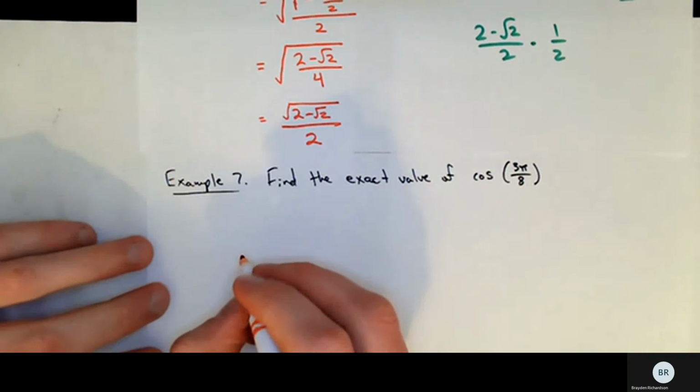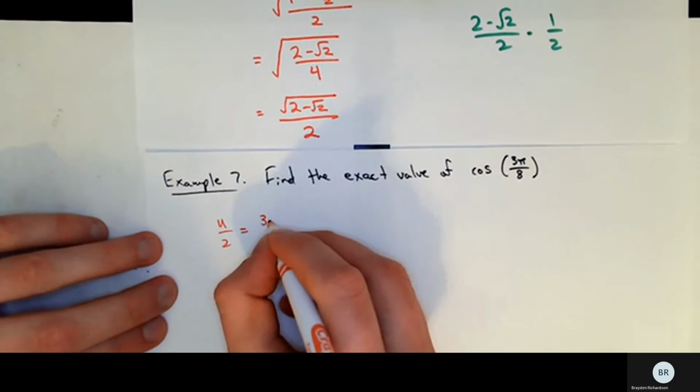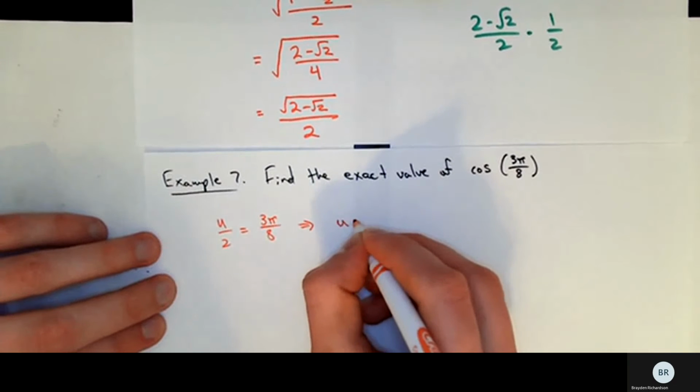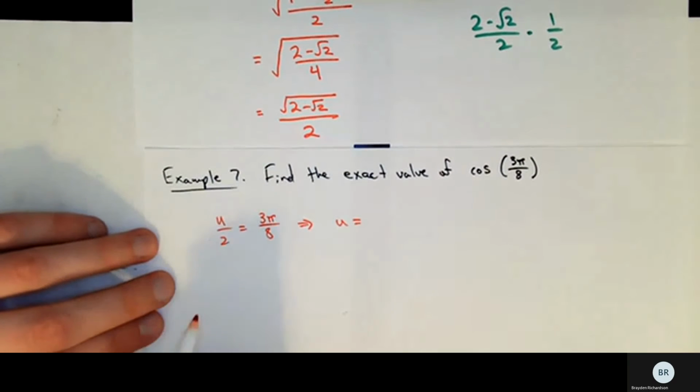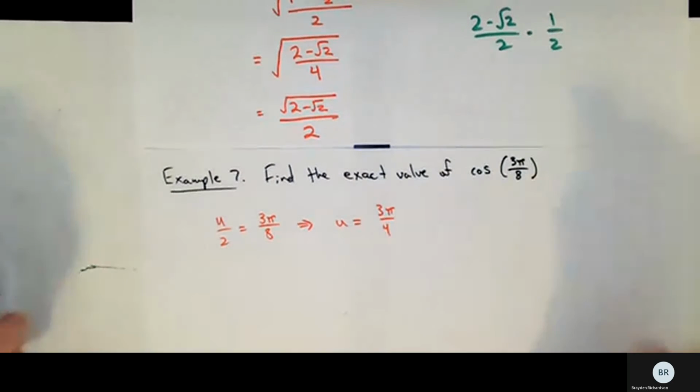Well, I know that u over 2 is equal to 3 pi over 8. So that means that u must be, if I multiply by 2 on both sides, 3 pi on 4.